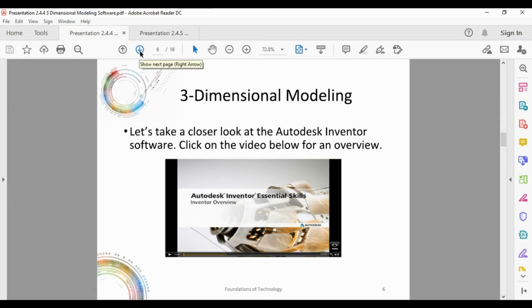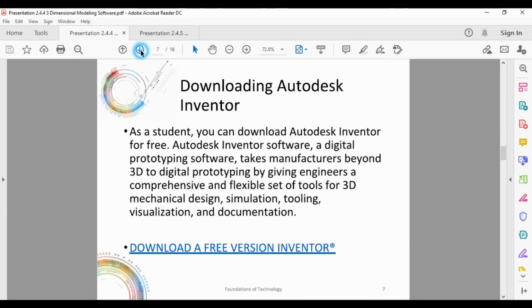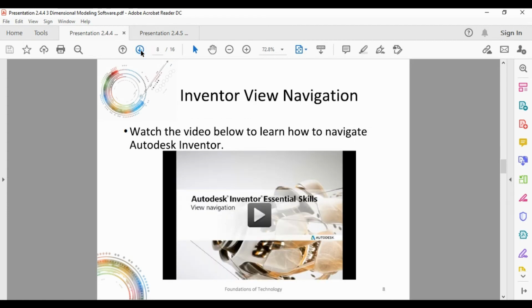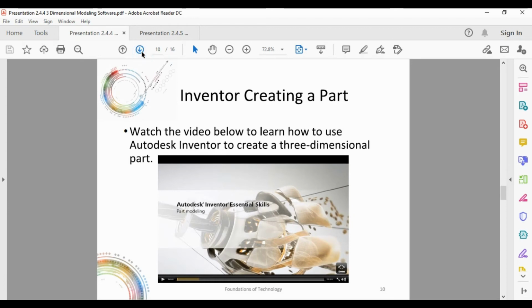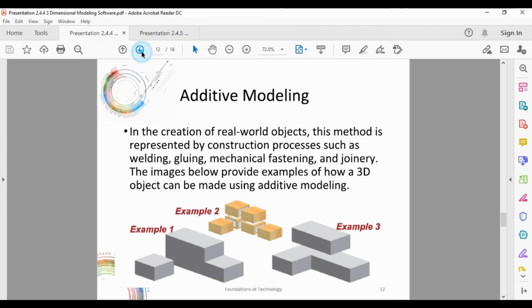You can get a free trial with Autodesk, but this is one of those that requires a download, so it's not something that I'm going to be able to take you through as a class as a requirement. It is something that you can do on your own. And when I post this in the classroom, you should be able to access these web links in just the same way that I do.